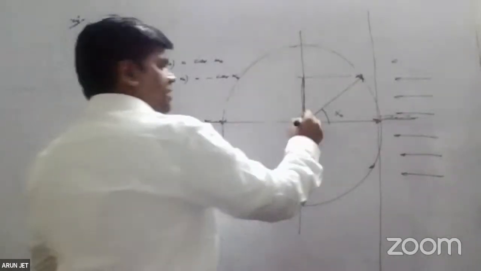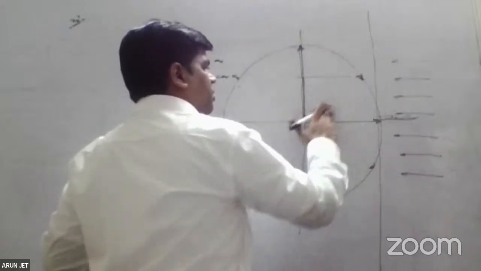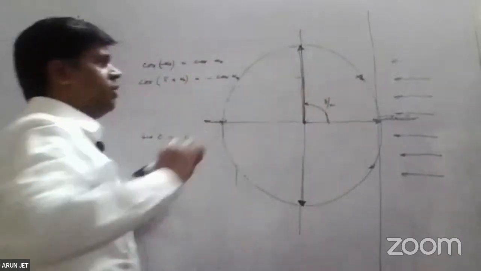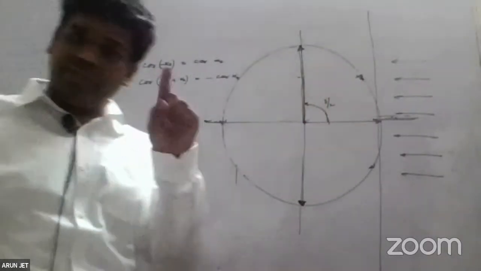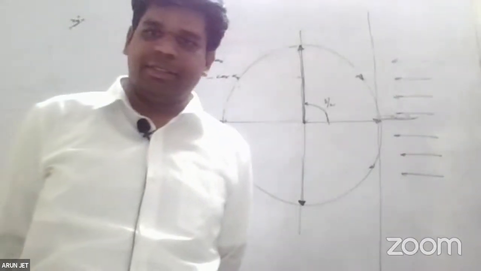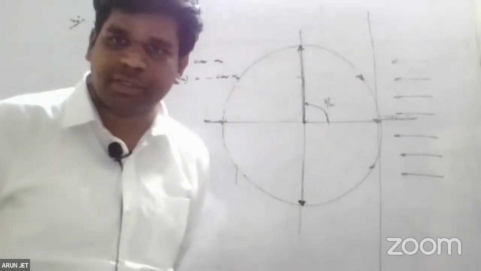When this alpha becomes pi by 2, now what is the shadow on the vertical line of the radius? Excellent. Think again, think again. One of you has given a wrong answer.